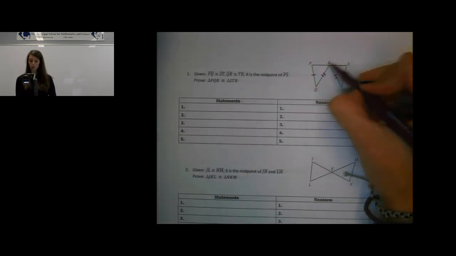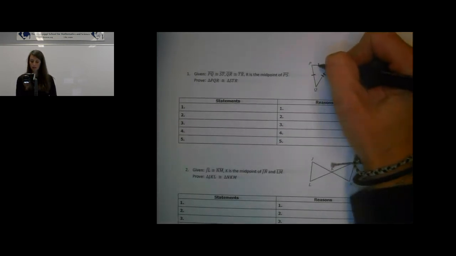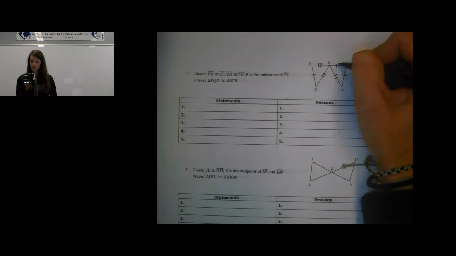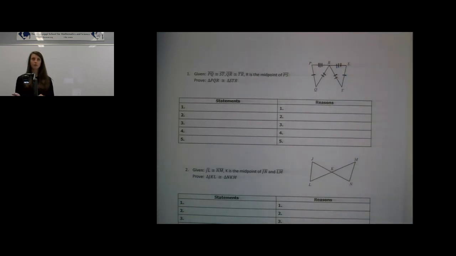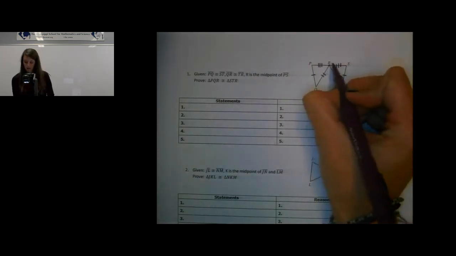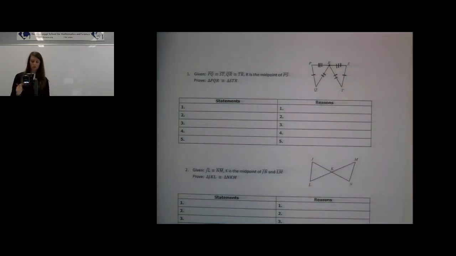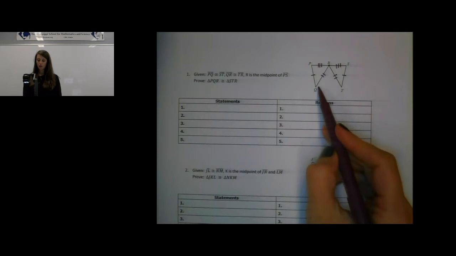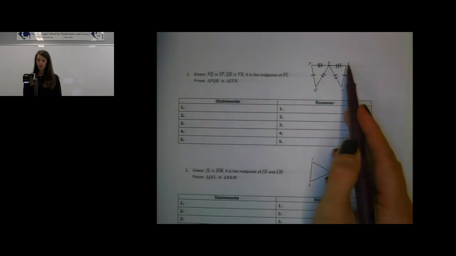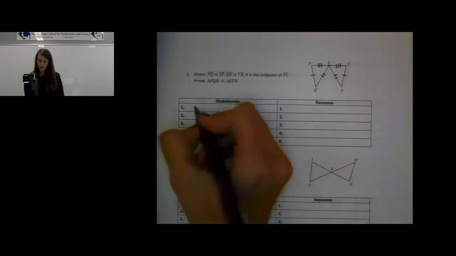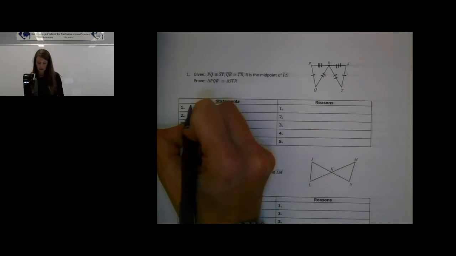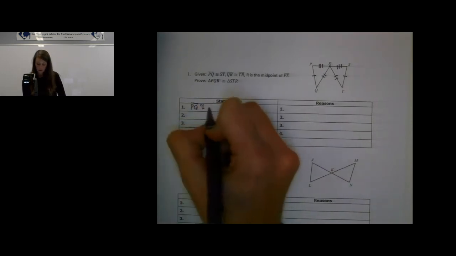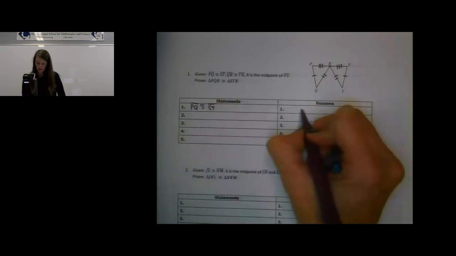When R is the midpoint of PS, then that means that these sides here would be equivalent. So if R is the midpoint, then those three are congruent. I want to prove that triangle PQR is congruent to triangle STR. Remember, we start with the given stuff. PQ is congruent to ST. So that is what? Given.